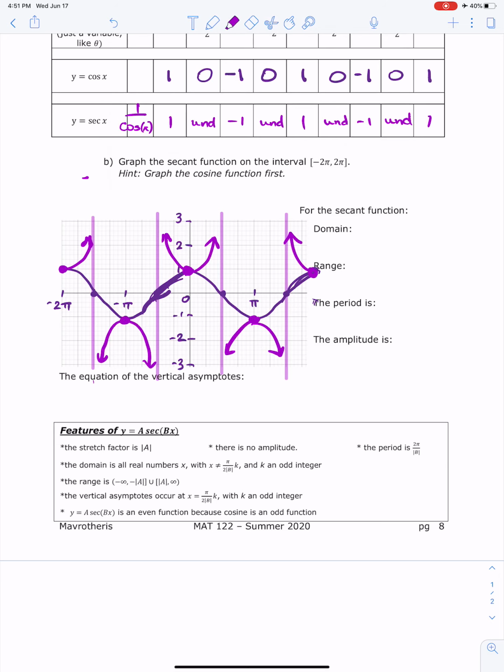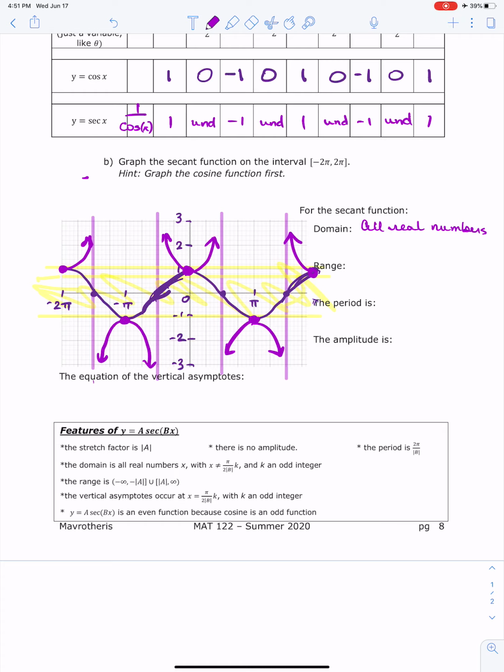And again, this bit in the middle, not part of the graph. We're just using that cosine for reference. So our domain, all real numbers.